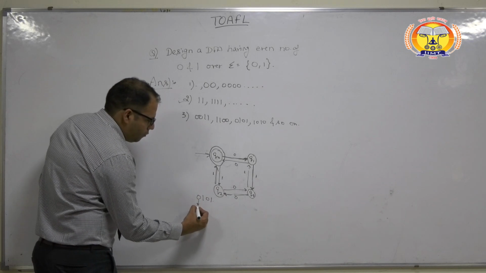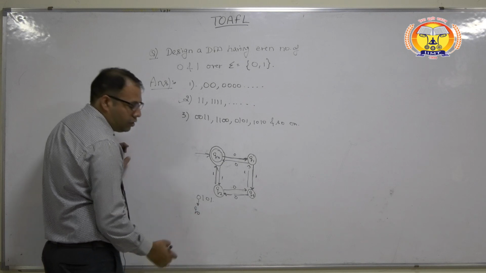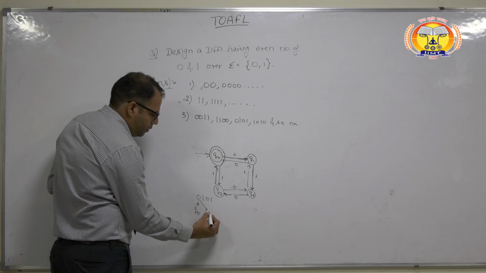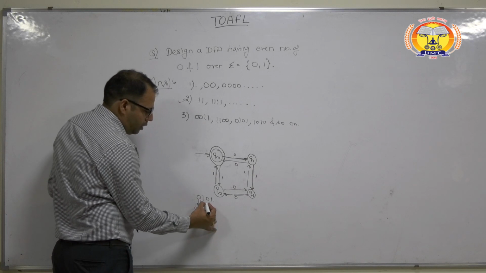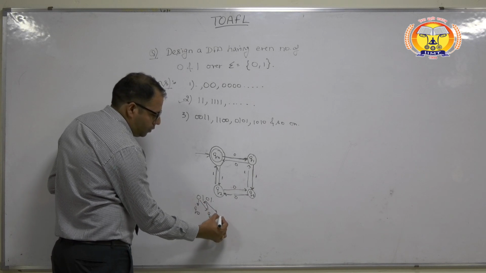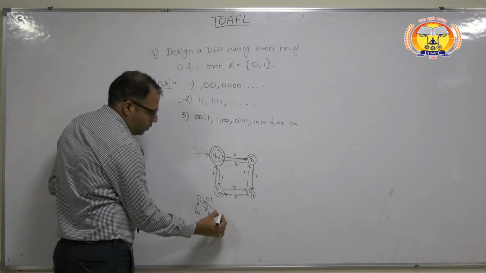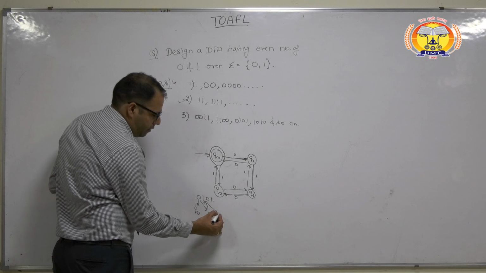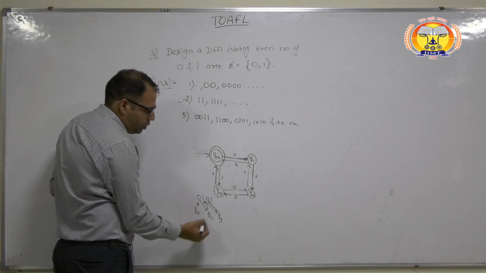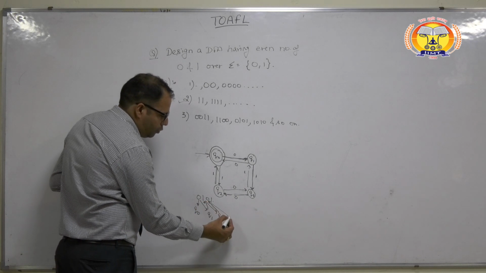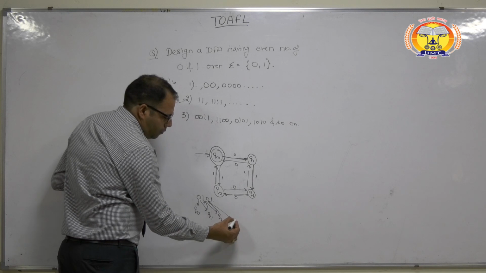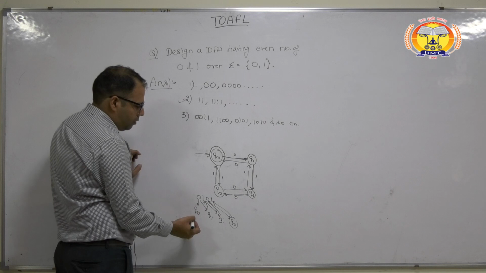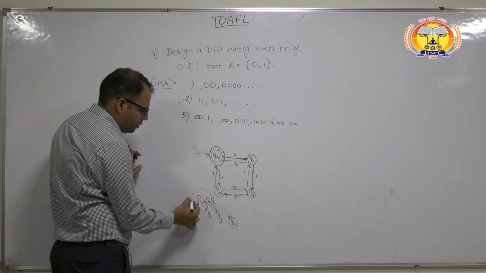Like 0: when we give a particular input on Q naught, it moves to Q1, then given a particular input on Q1, it moves to Q3, then given an input 0, we move to Q2, then given an input 1 on Q1, it moves to the last state, which is Q naught.